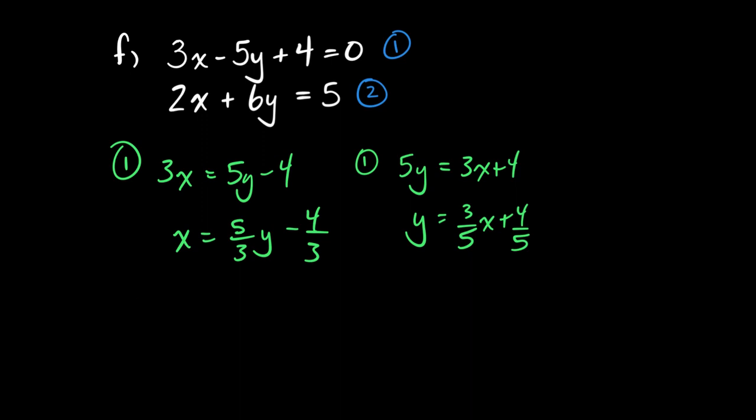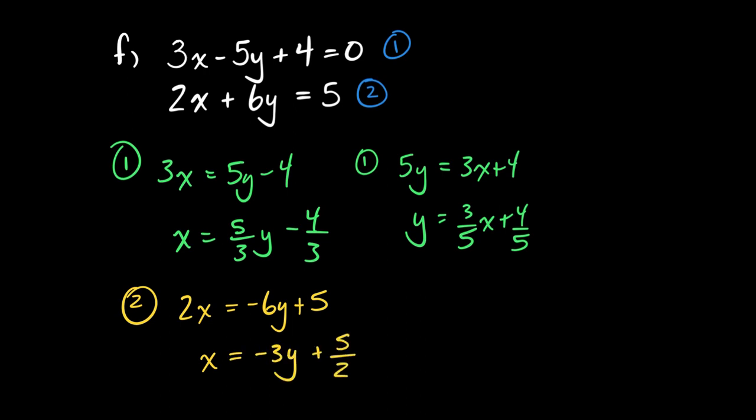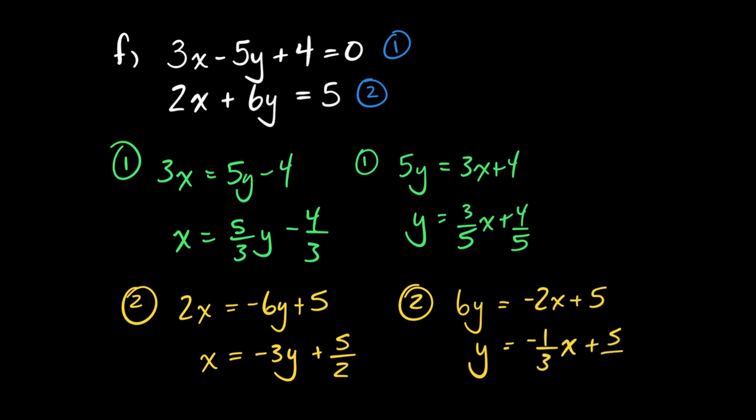If I took equation 2 and I got the x all by itself, hey, I don't get something quite as ugly. If I took equation 2 and wanted to get the y all by itself, I get something just as ugly.